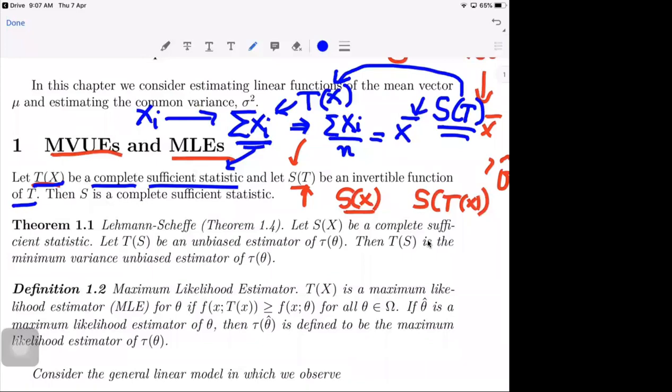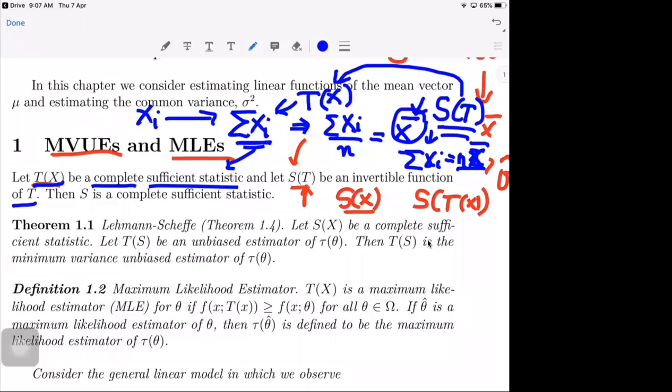For example, we can always go back to the summation of x by pre-multiplying x bar by n. So you can retrieve summation of x from your x bar by pre-multiplying it by n.